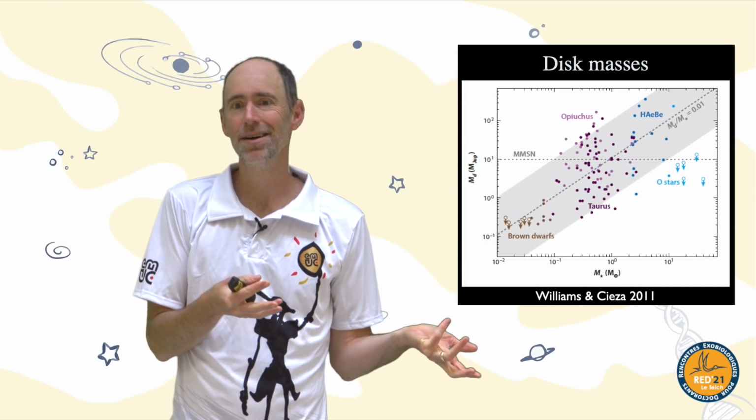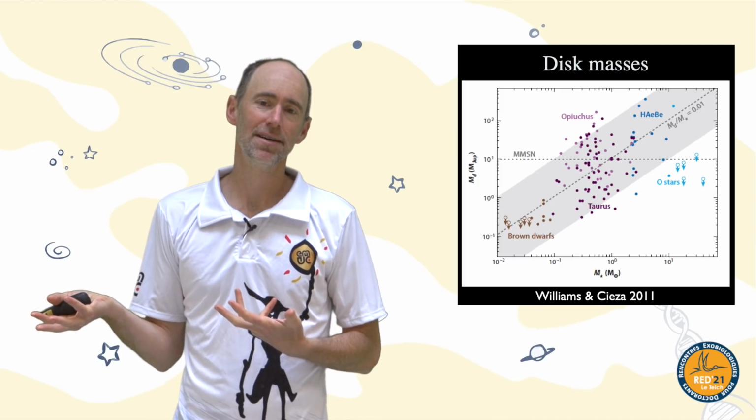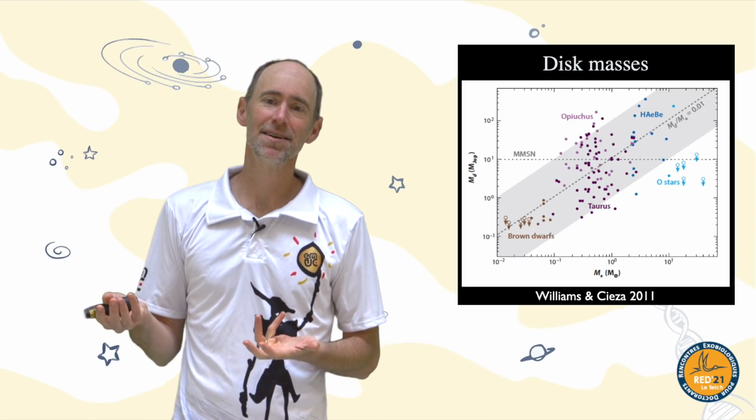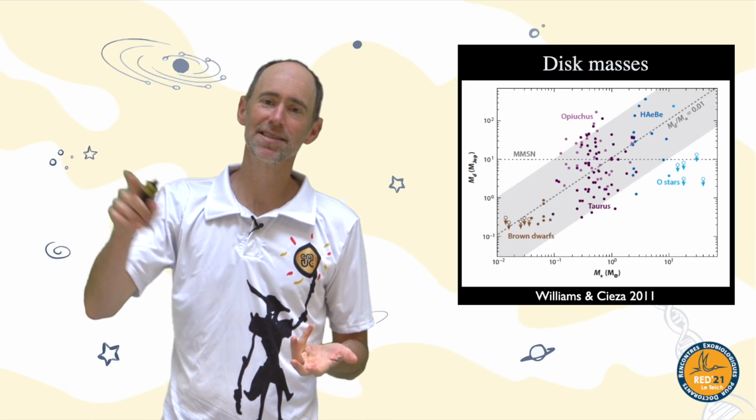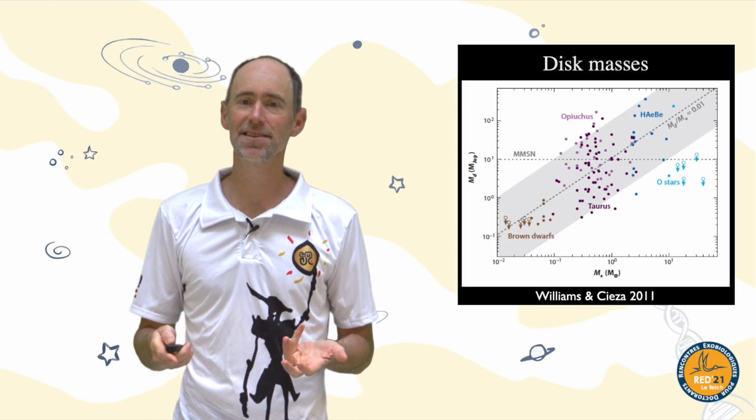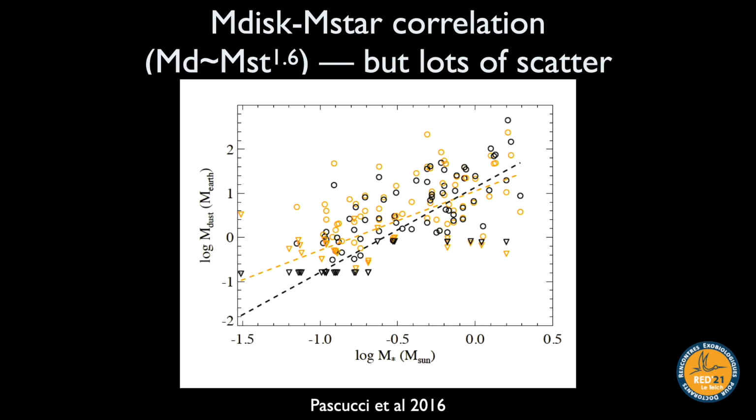Around very low mass stars, it seems like there's generally less stuff, and around high mass stars, there's more. Right? Exactly how it scales, we're kind of led to believe that it's a nice linear scaling, but that's not necessarily the case. Current studies show that there's probably a pretty strong correlation between the mass of stuff in a disk and the amount of mass in the star.